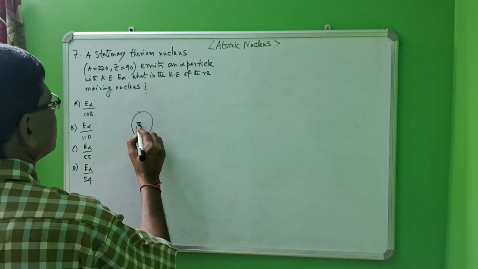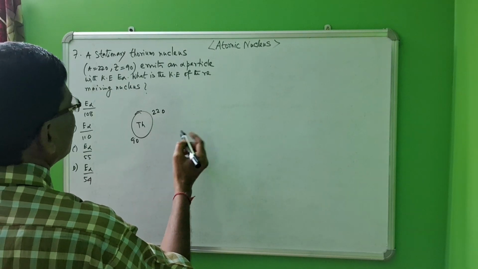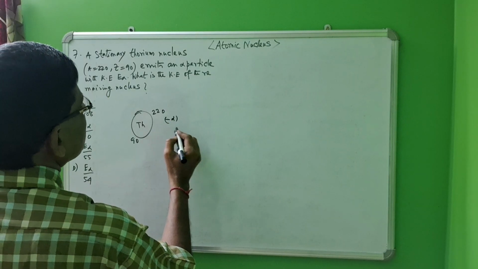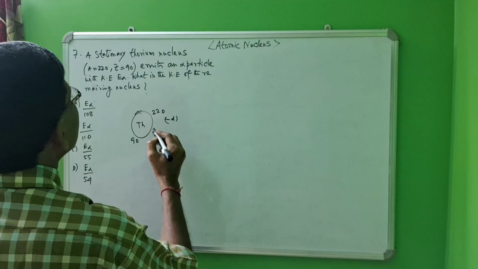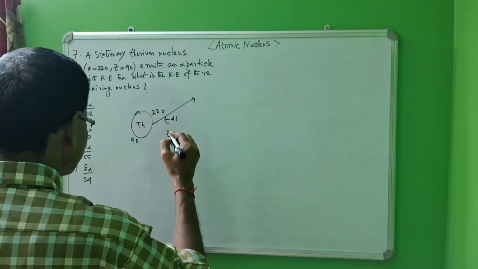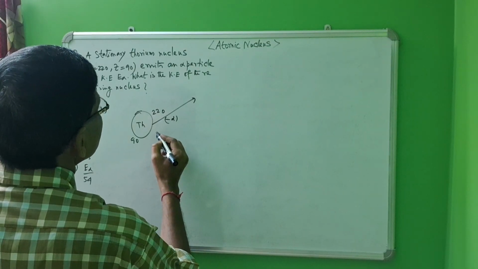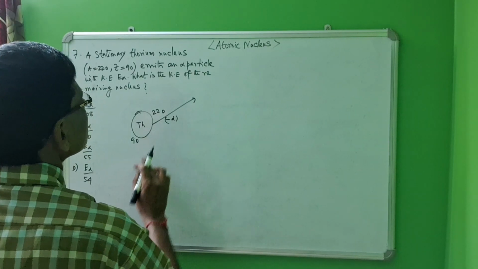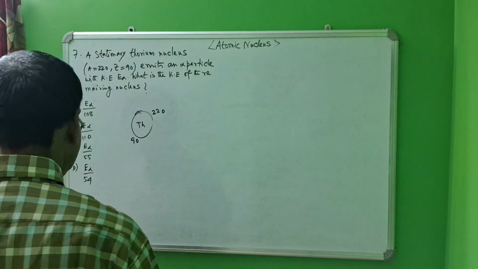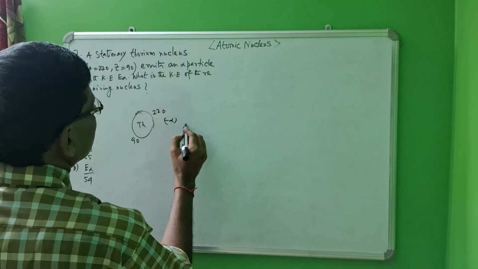Suppose this is a thorium nucleus which has 220, 90. When it emits alpha, minus alpha.